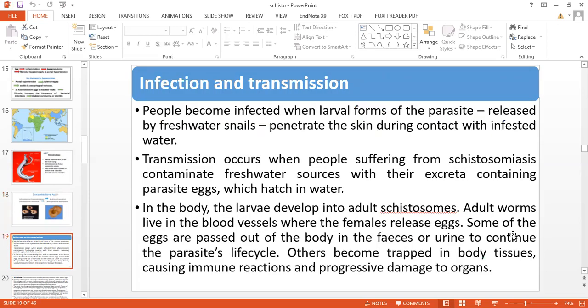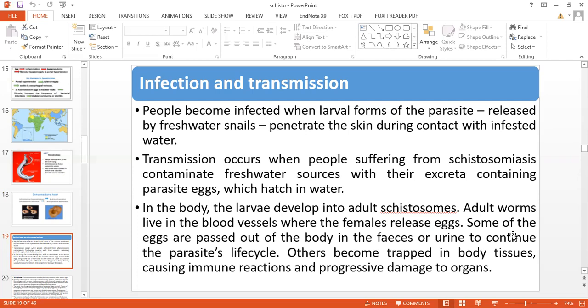Let's talk about infection and transmission. People become infected with the larval form of the parasite, which is released into fresh water by the snails, and penetrates the skin during contact with the infested water. Transmission occurs when people suffering from schistosomiasis contaminate freshwater sources with their excreta containing parasitic eggs, which hatch in water.